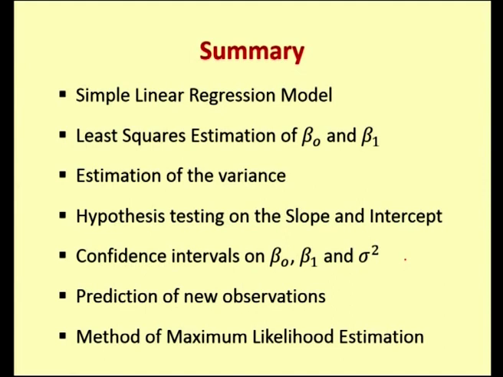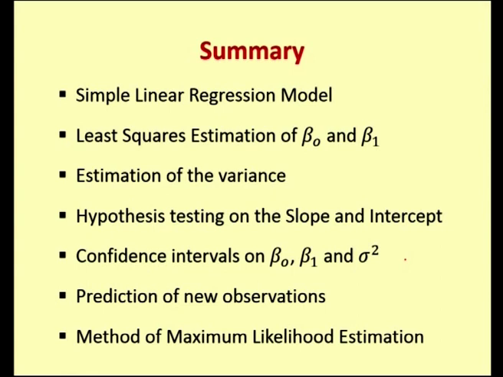Now, the summary of our discussion: simple linear regression model has been considered, and the estimation of the parameters beta naught and beta 1 is carried out, and we also estimated the variance sigma squared. Hypothesis testing on the slope and intercept is discussed.